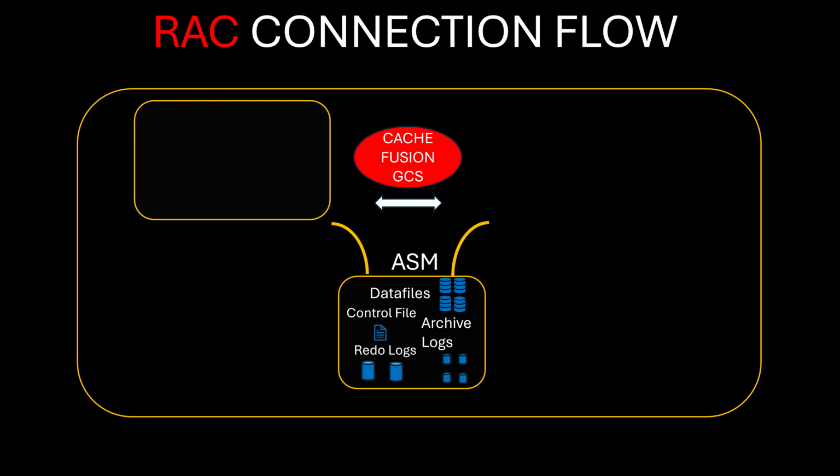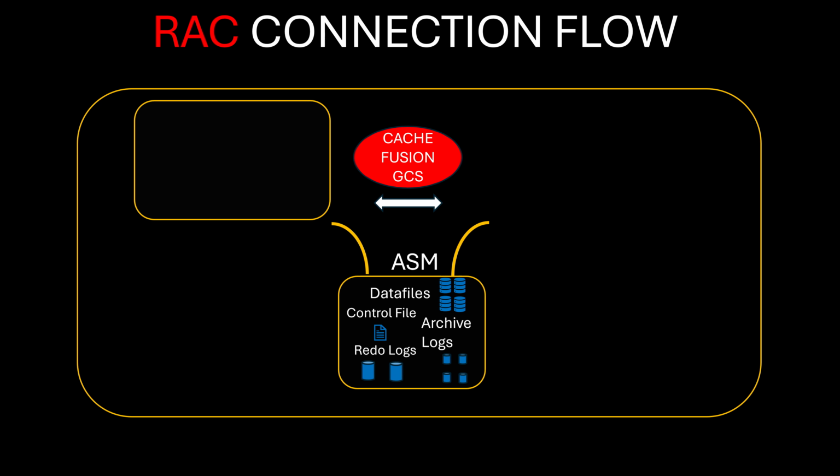Oracle engineers asked a simple question: why go to disk again when another node already has the block in memory? The question created cache fusion. Node 2 asks the cluster whether another node already owns the required block. GCS, the Global Cache Service, identifies the owner. If node 1 owns the block, LMS transfers it directly across the interconnect, memory to memory, no disk access.